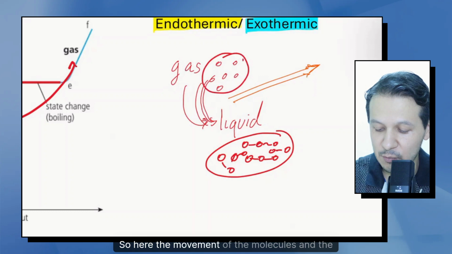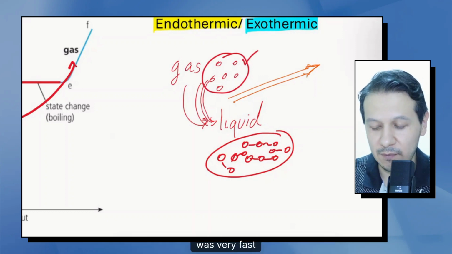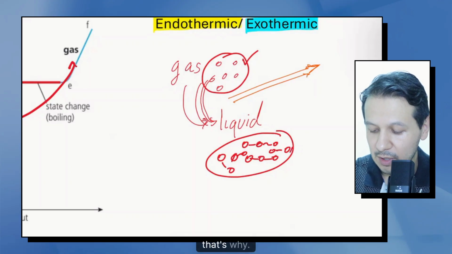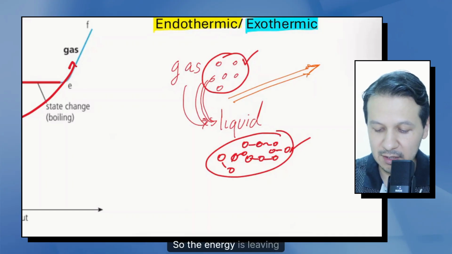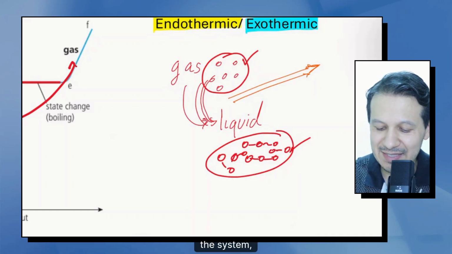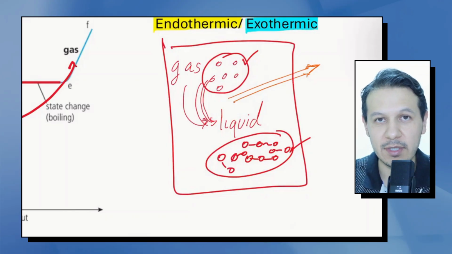In the gas, the movement of the molecules and the kinetic energy were very fast compared to the liquid. The energy needs to go to one place, so the energy is leaving the system in a change of state and is released into the surroundings.